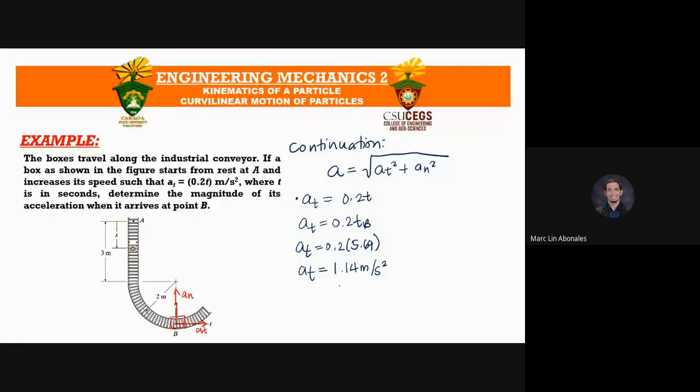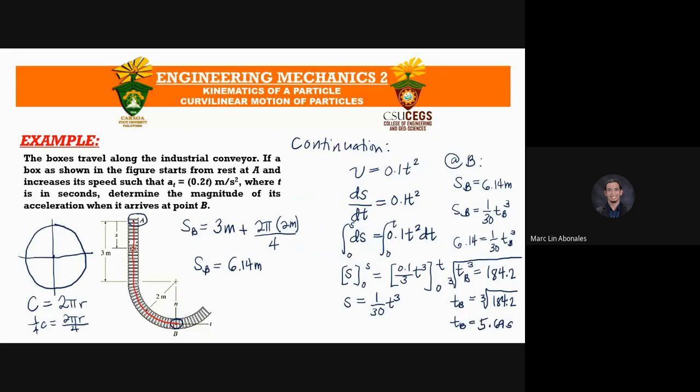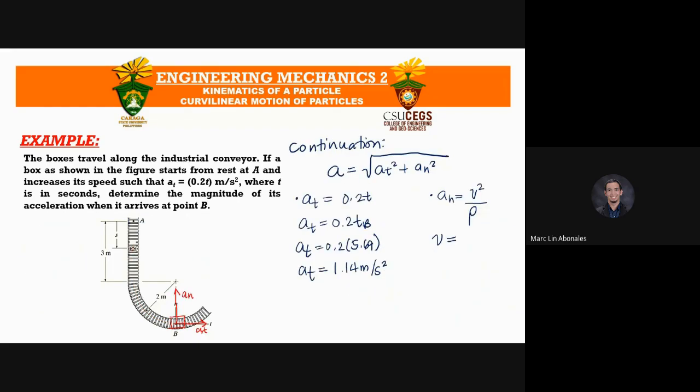And for a_n, it should always be v squared over rho. The v, if we go back to the equation, is 0.1 t squared. So the velocity at point B, using the time of 5.69 seconds, is 0.1 times 5.69 squared.